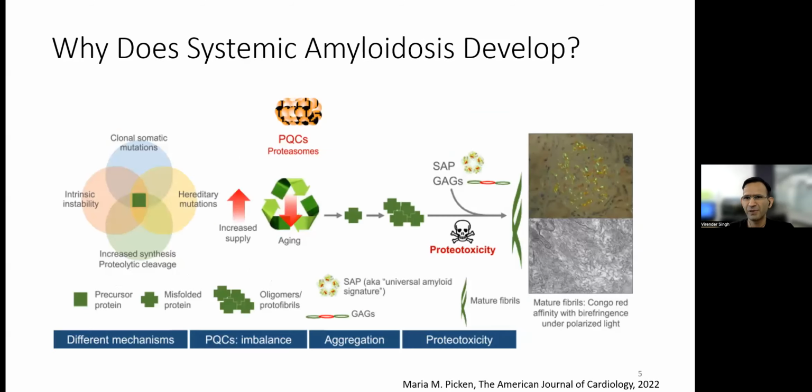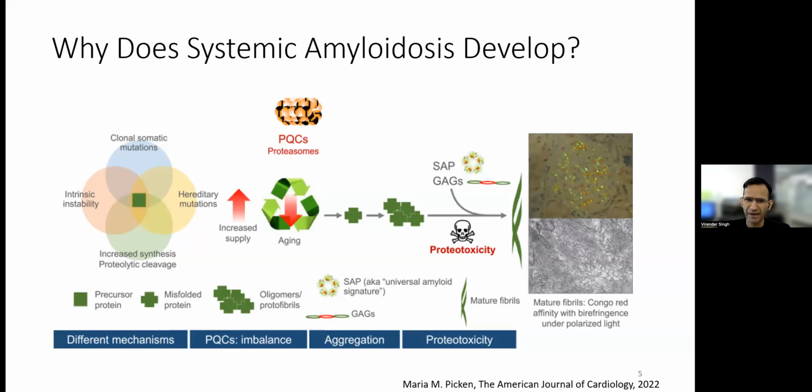So why does systemic amyloidosis develop? There are multiple factors behind its development. There could be intrinsic instability of the native protein. There could be clonal somatic mutations. There could be hereditary mutations, or it could be the result of increased synthesis of proteolytic cleavage products of that protein.